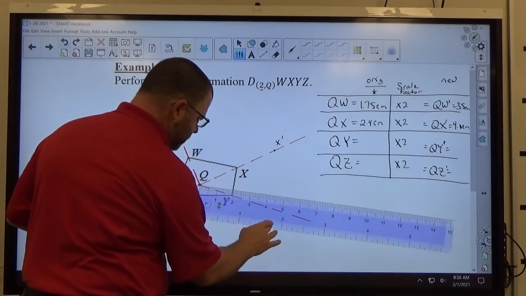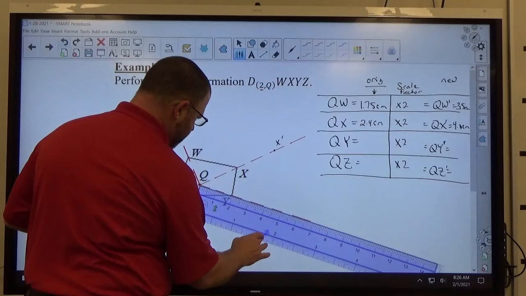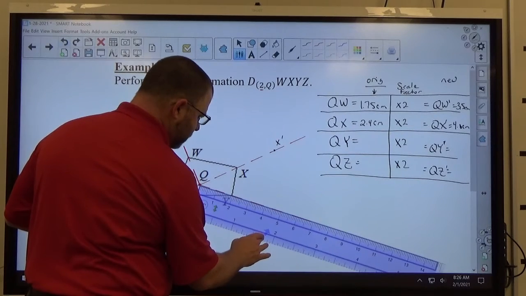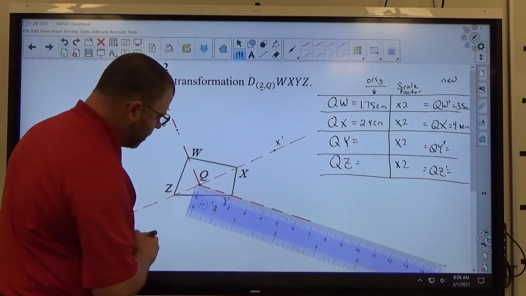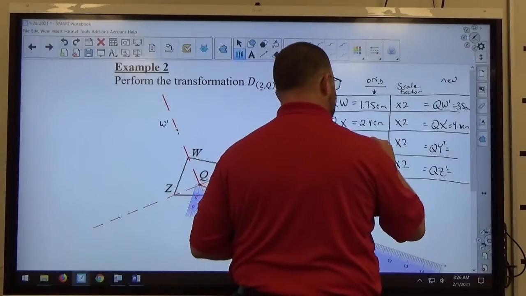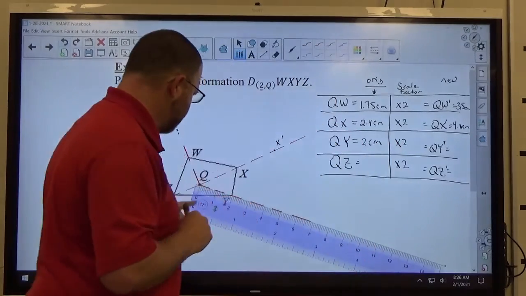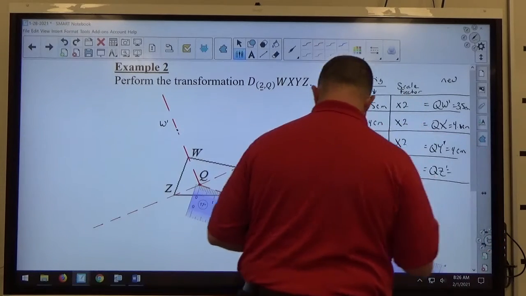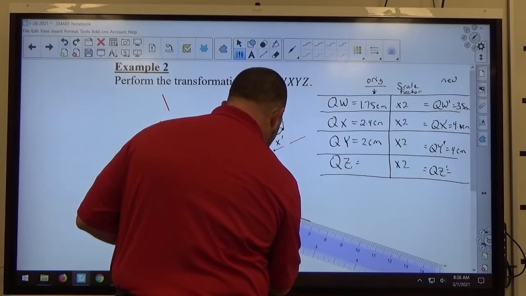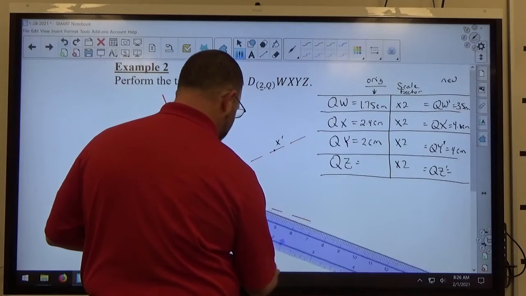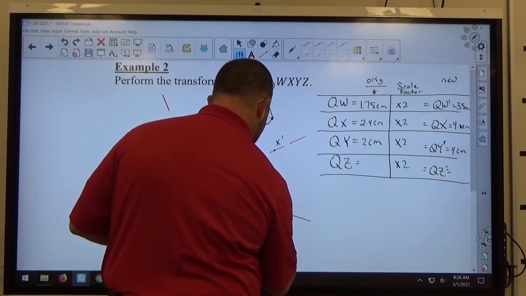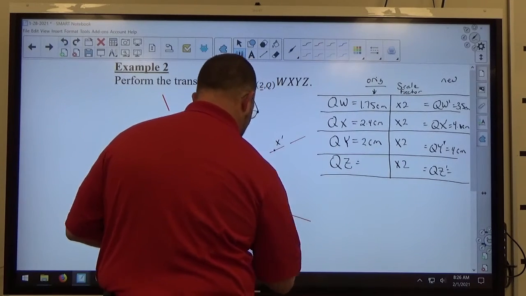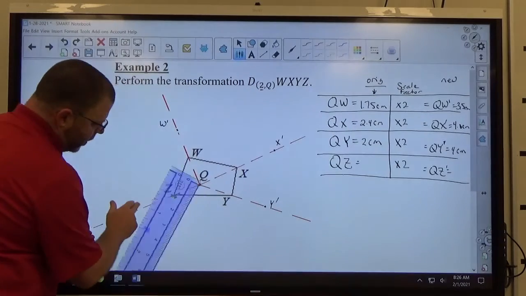My next is QY, which looks to be right at 2 centimeters. If I double that, I'm going to get 4 centimeters. So 4 centimeters is right about there. That's my Y prime. And finally QZ.